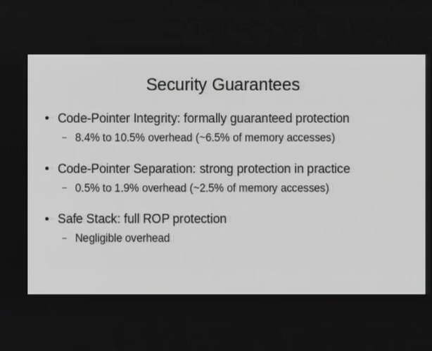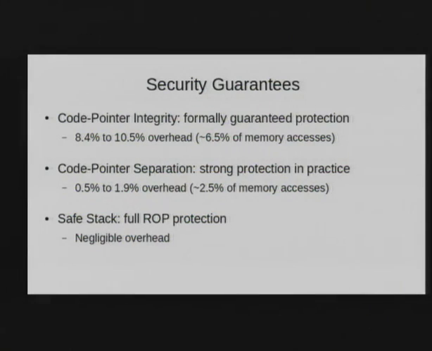Something that I only touched briefly is the safe stack, which offers you full protection against return-oriented programming if you only deploy the safe stack itself. And I'm only mentioning it here because it actually has negligible overhead and has overhead on par with stack cookies as they are used on current systems. But it offers strictly stronger protection than the current defense mechanism. And we are working on integrating that in mainline compilers.